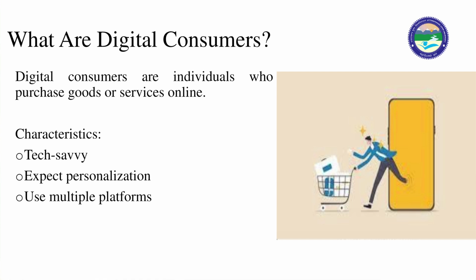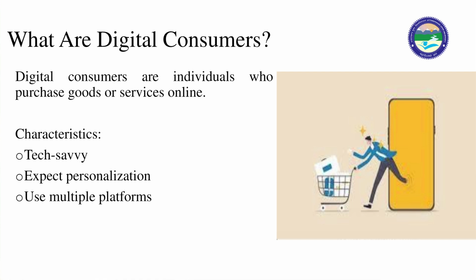What are the key features of digital consumers? The key features can be summarized as: the first one is tech savvy. They are familiar with digital devices and smartphones, laptops, or tablets. Online oriented, they prefer online shopping, streaming, or accessing services digitally.